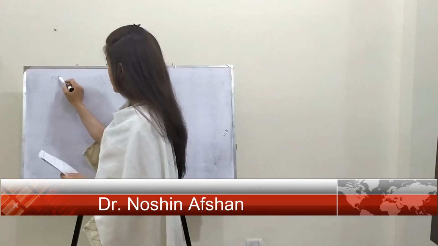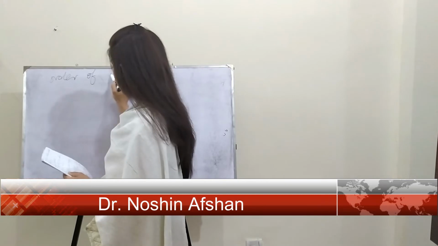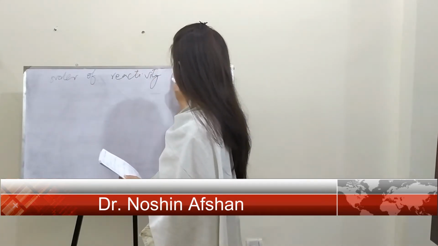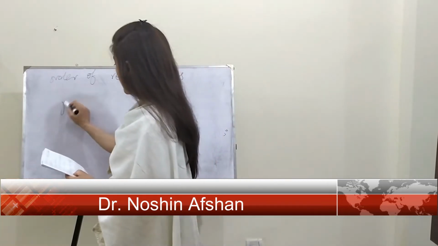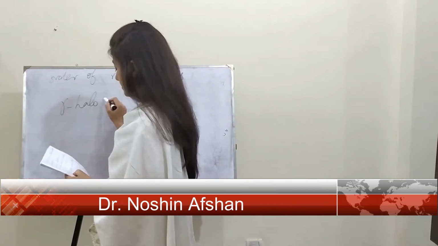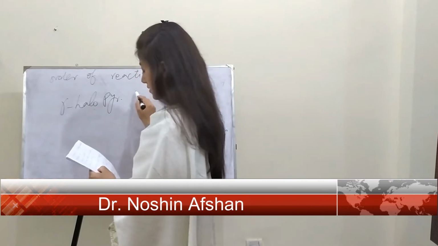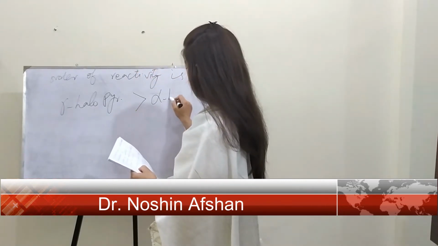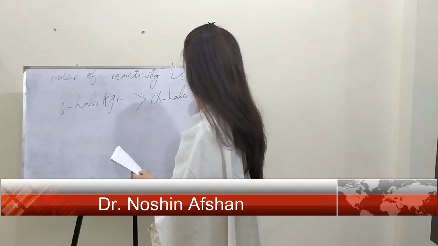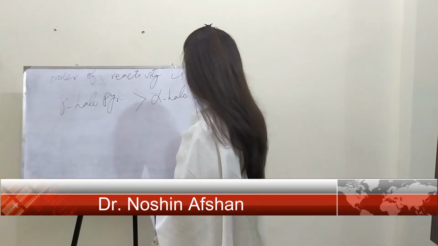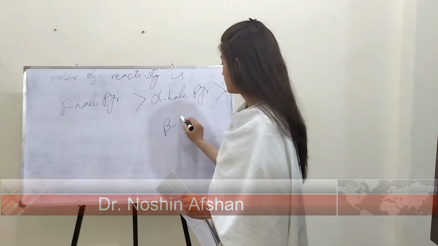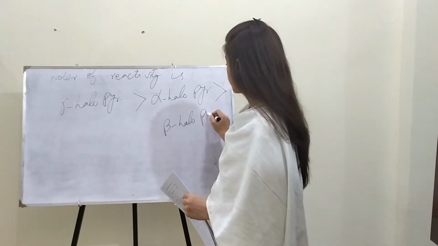And in this way, the order of reactivity is: gamma halopyridines would be easily substituted as compared to the alpha halopyridine, and that would be easily substituted as compared to beta halopyridine.